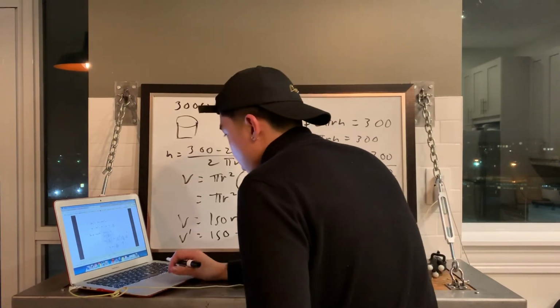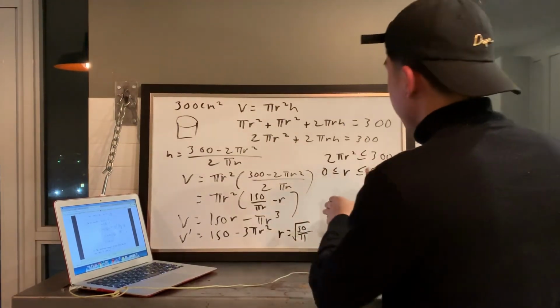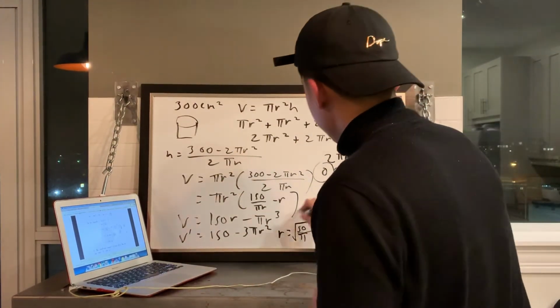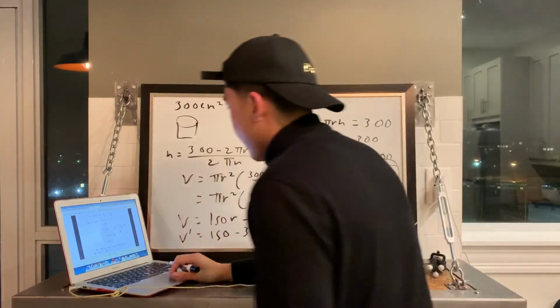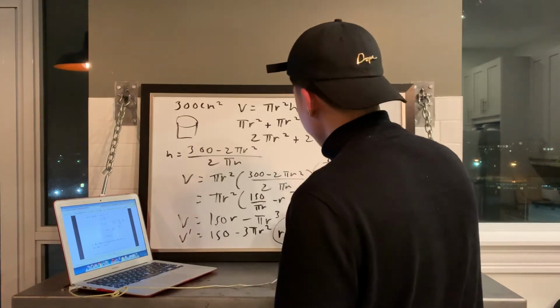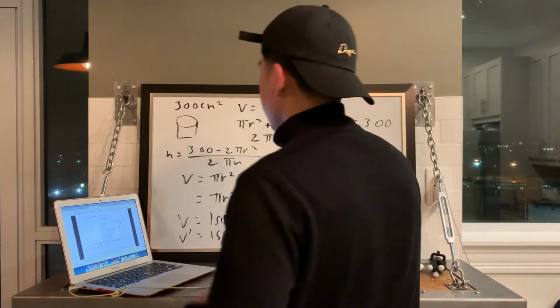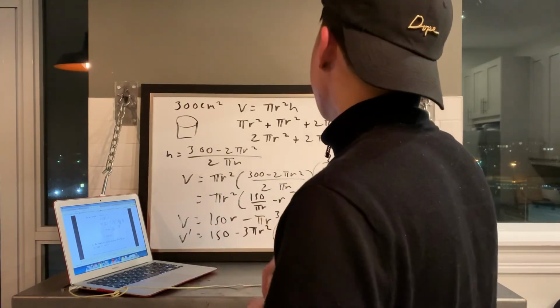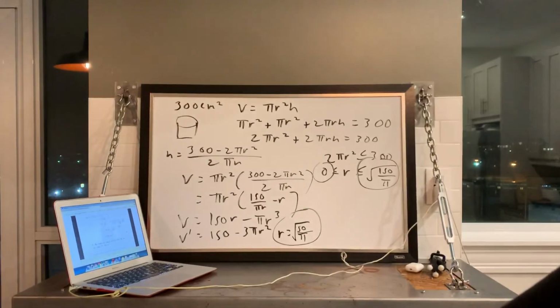This is getting really messy, but when we test, you would test this point and this point into the original. And it seems like when we put V of root 50 over pi, we get 399 centimeters cubed, which is the maximum volume. I'm sorry it got a little bit messy there, but I hope you got the main idea.